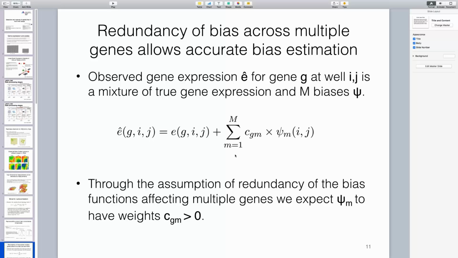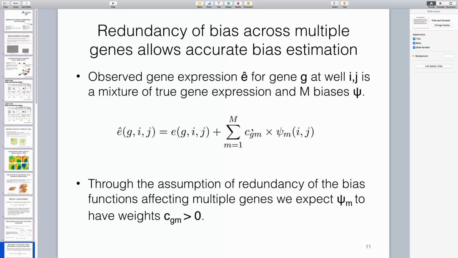When we accept this kind of linear, additive function, we can make this assumption, or hope, that there's some redundancy in the biases. This is what this function describes, because phi is not dependent on G. All of these functions affect every gene.